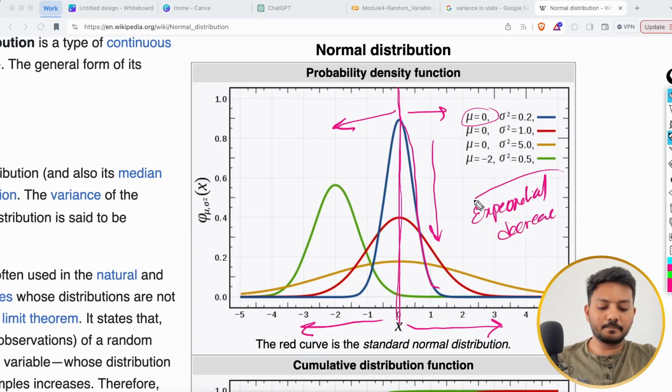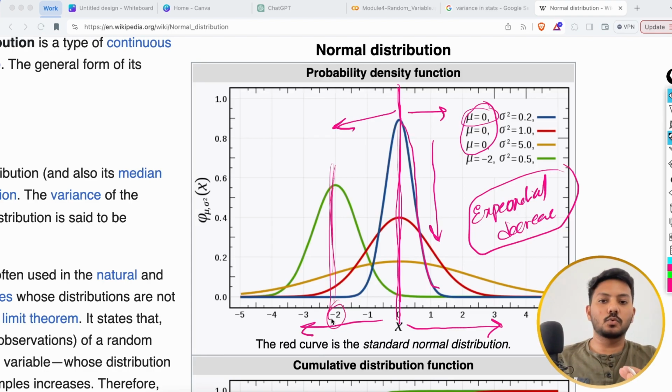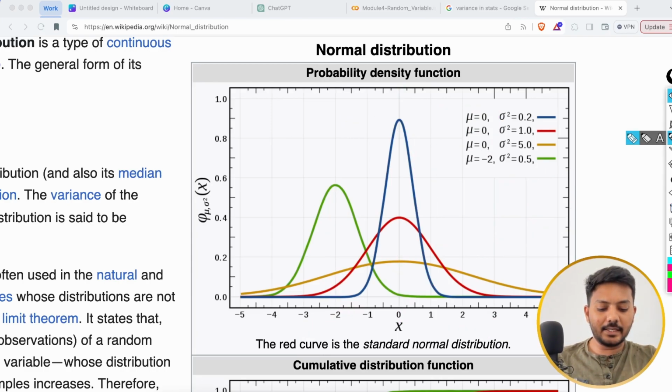Exponential decrease. Okay, and this is one of the properties, and the second property is that it is always centered at the mean, and the mean could be anywhere. If you look at it, for the first three plots the mean is at 0, but for this plot the mean is at -2. But even though the mean value is different, it is centered on the mean. So that is one of the properties. And the next property is the variance.